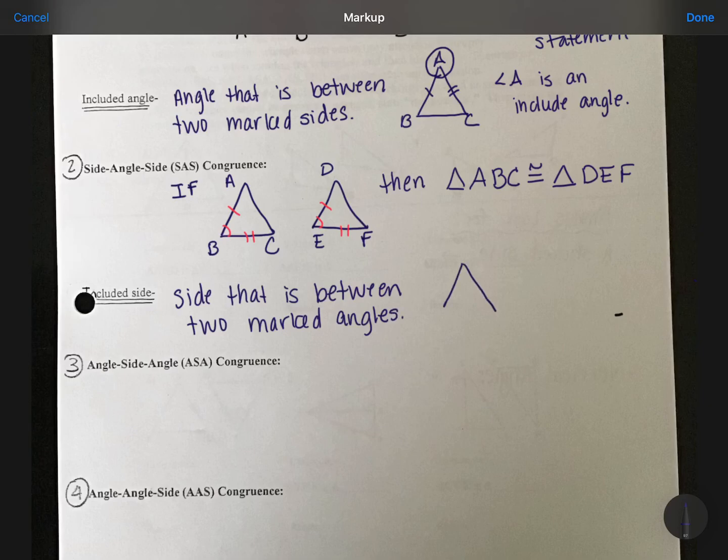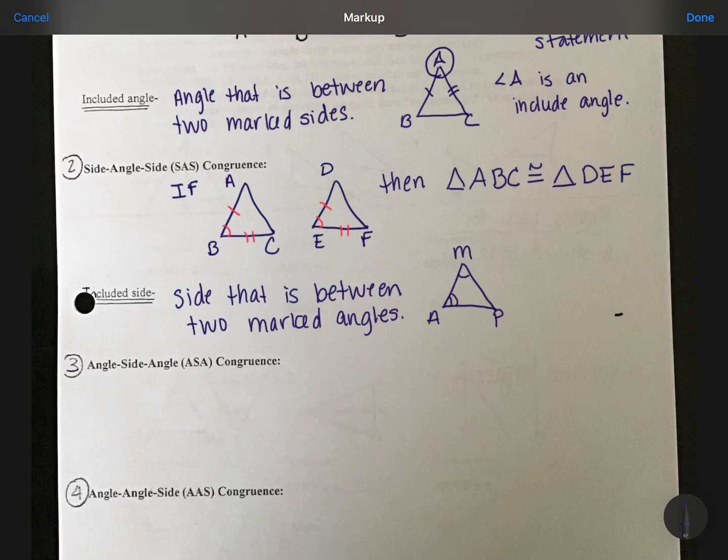Let's draw a picture to go with that. We'll do triangle MAP. So an included side would be the side that falls between two marked angles. So angle M is congruent to some other triangle's angle. Angle A is congruent to some other triangle's angle.